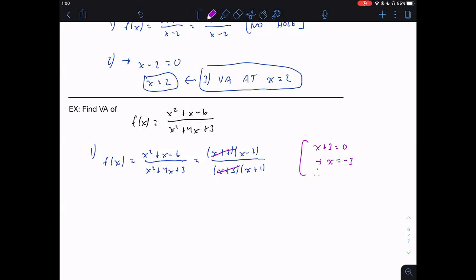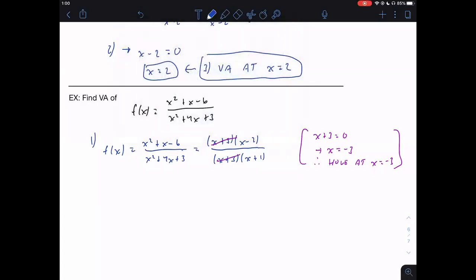So therefore, we have a hole at x equals negative 3. Not a vertical asymptote here. Instead, we have a hole at x equals negative 3.